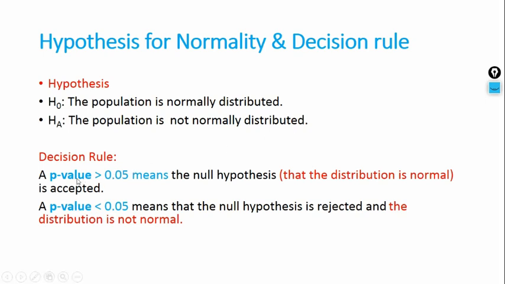Decision rule: if the p-value is greater than 0.05, the null hypothesis is accepted, meaning the distribution is normal. If you want your data to be normal, the p-value should be greater than 0.05. If the value is less than 0.05, the distribution is not normal.